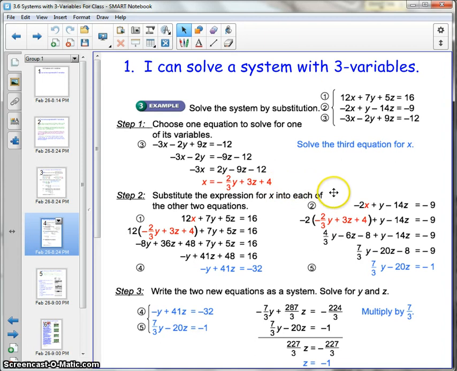Then in step 2, we substitute the expression for x, this negative 2/3 y plus 3z plus 4, into each of the other two equations. So we plug it into equation 1 and equation 2. We do that and we end up with just two equations, equation 4 and equation 5 in blue, and you notice that each one only has two variables, y and z, because we eliminated the x using that substitution.